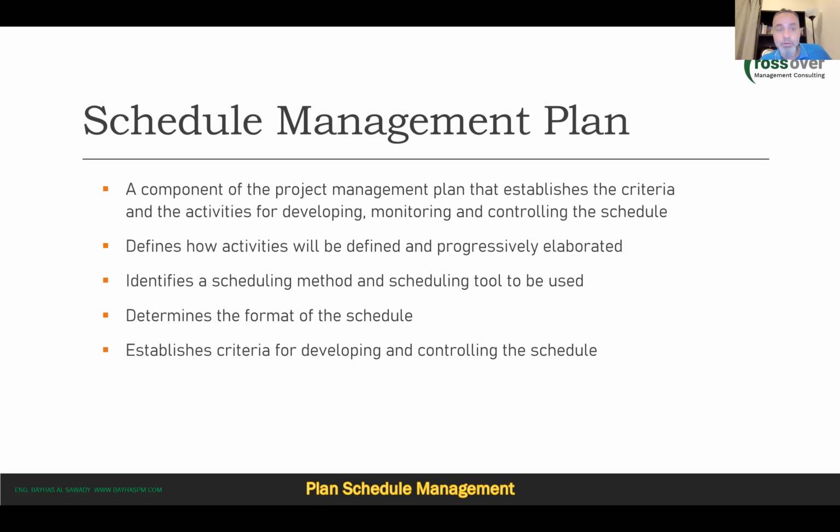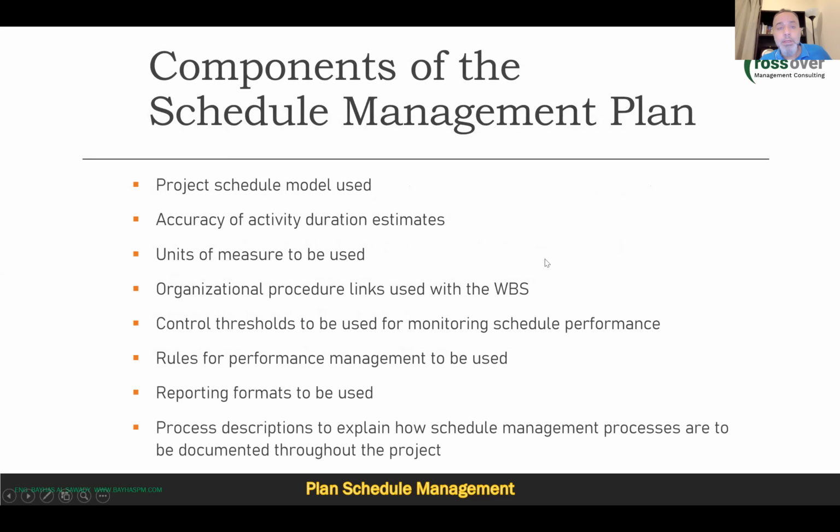So again, the who and how, right? What is the format of the schedule that we will use, and who and how will develop and control the schedule? So again, it describes how we will manage the schedule throughout the project life cycle, okay?